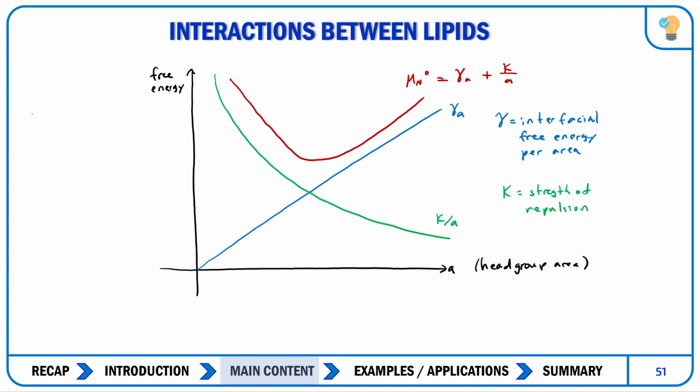One of the things we should mention here is that gamma and K are constants that we'll have. A is the area occupied by each molecule, so head group area, or area occupied by each molecule.